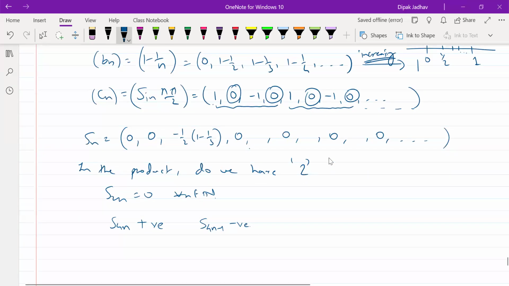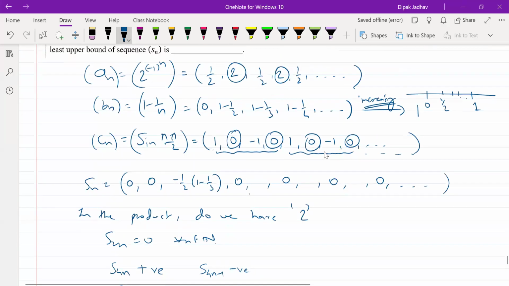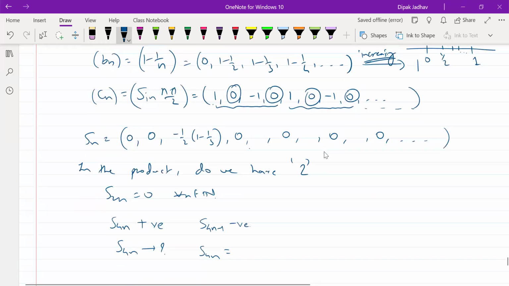Where does S4n go? What is S4n? It is not S4n. S4n is also a 0 sequence. Yeah, S4n is.